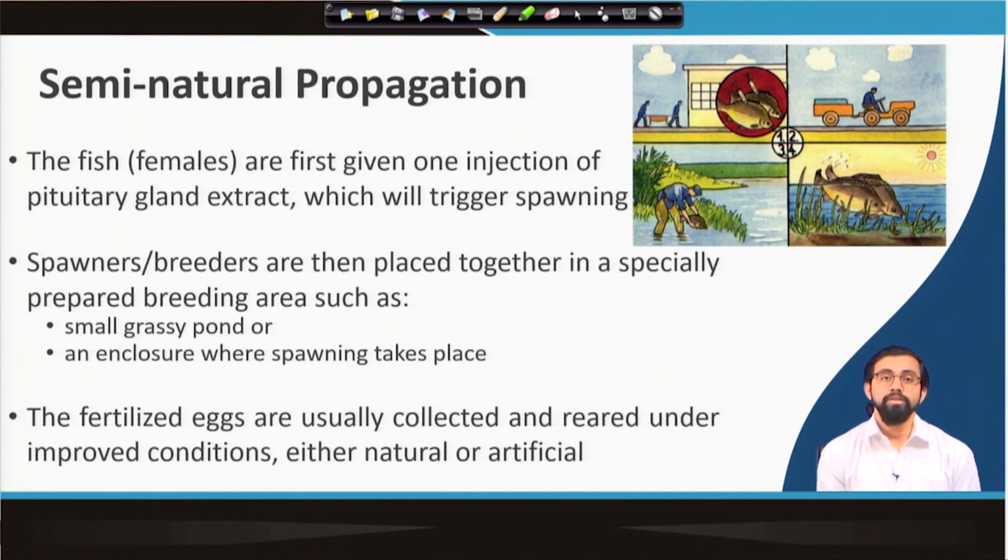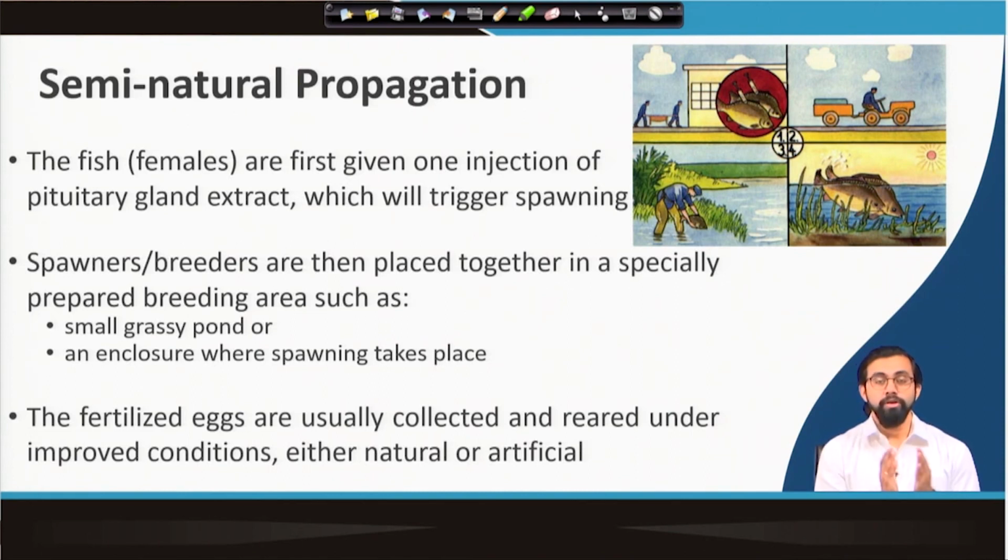After the injection of the pituitary gland extract, we take the breeders out of the school and put them in a small grassy pond, or an enclosure where the spawning takes place. We call it a spawning tank as well.